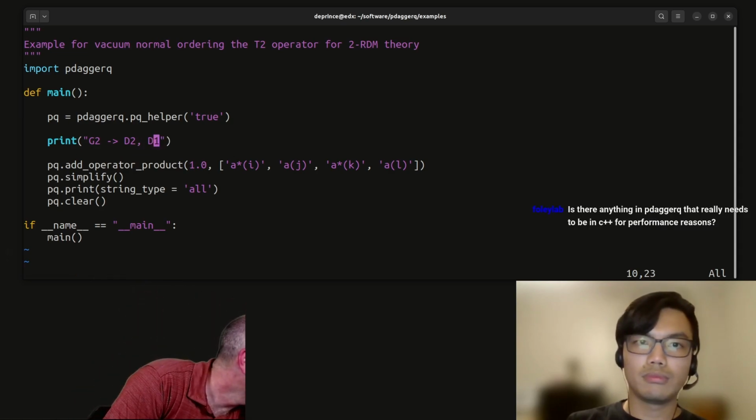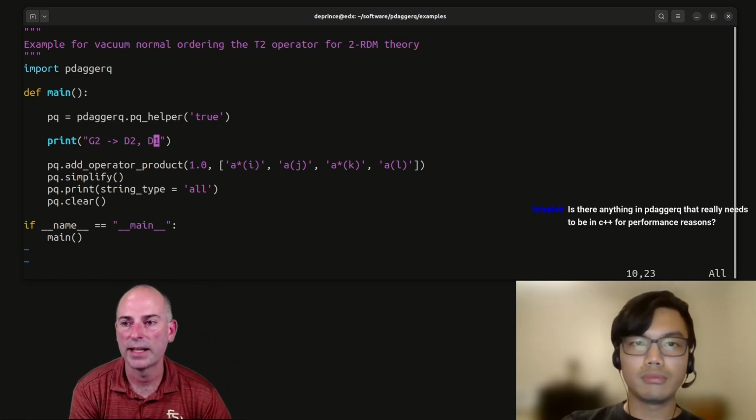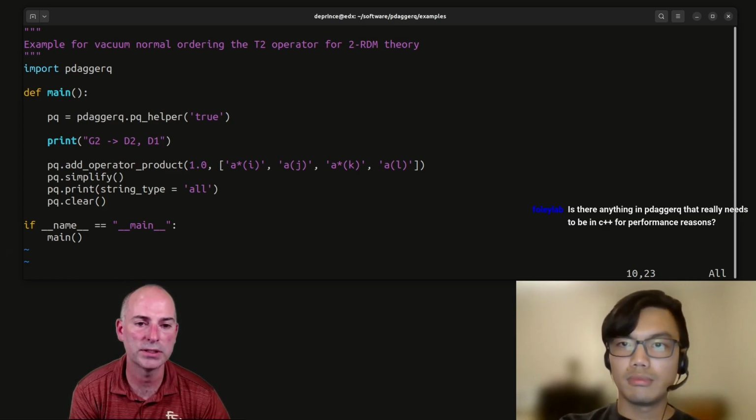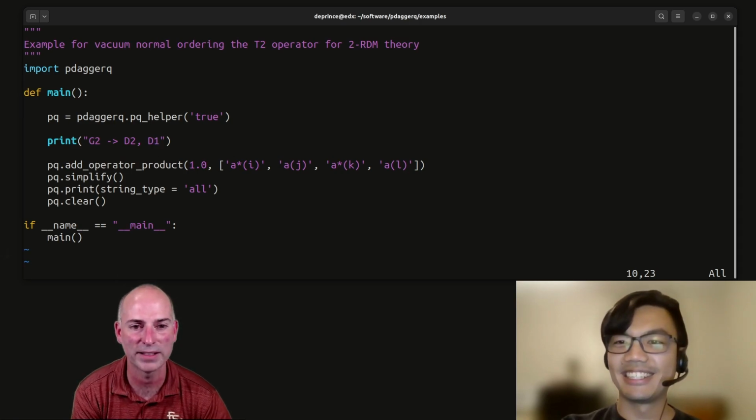Okay. Is there anything in PDaggerQ that really needs to be C++ for performance reasons? Probably not. Actually, this code is not very efficient. Most engines that derive equations the way we're doing this use something called Wick's theorem, and you don't need C++ to do Wick's theorem. You can do it in Python, and it's very fast.